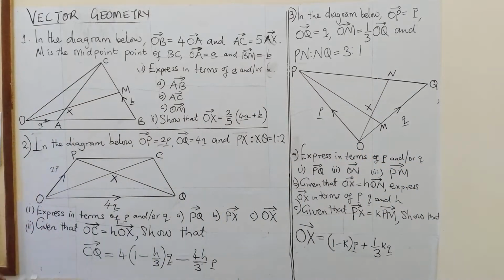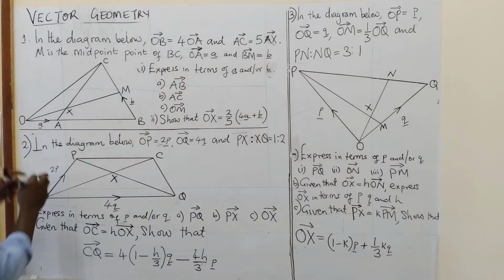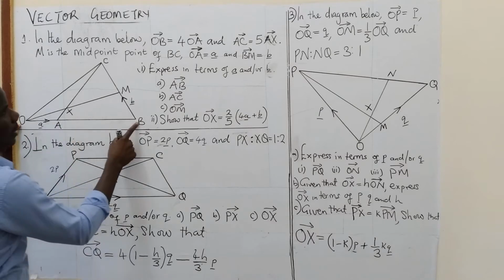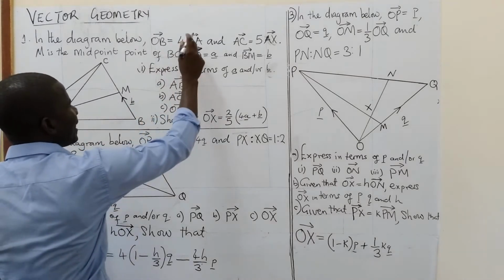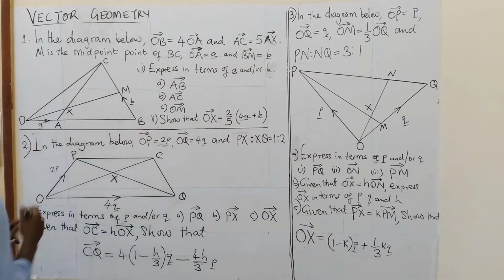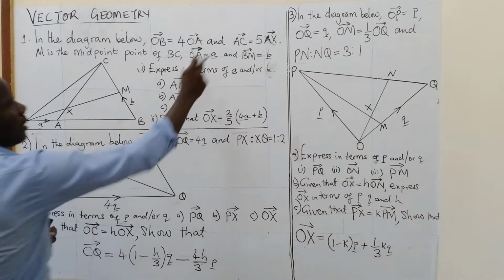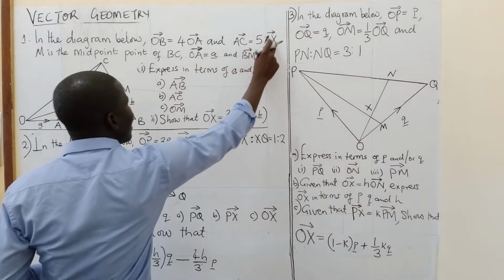Alright, so the first question reads: in the diagram below, OB is equal to 4 multiplied by OA. That is our OB. Then AC is equal to 5 multiplied by AX.